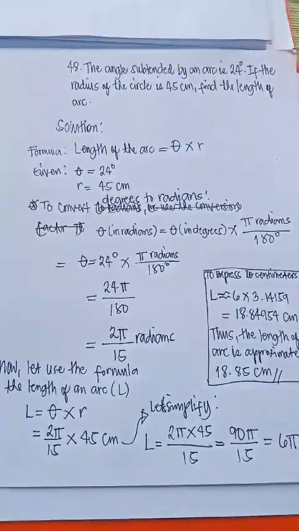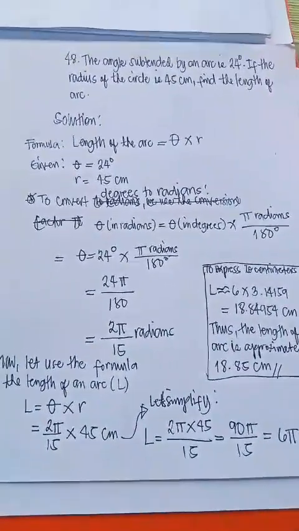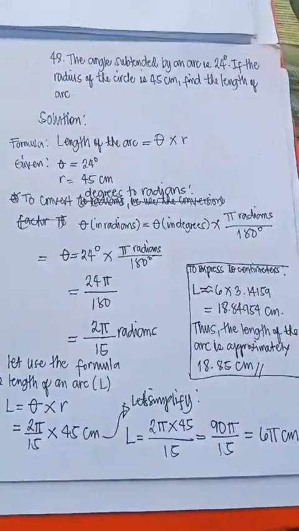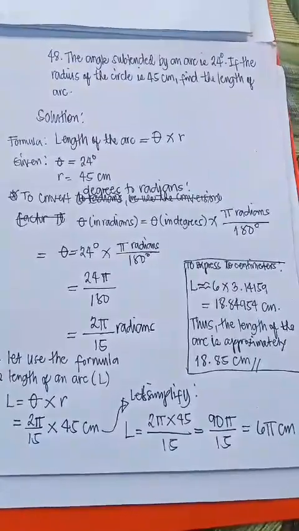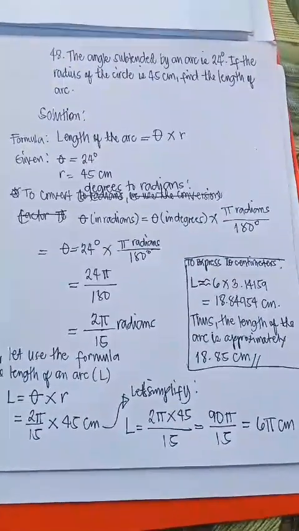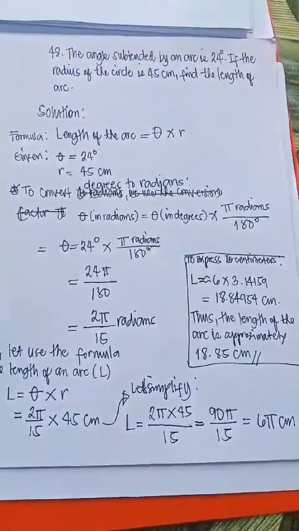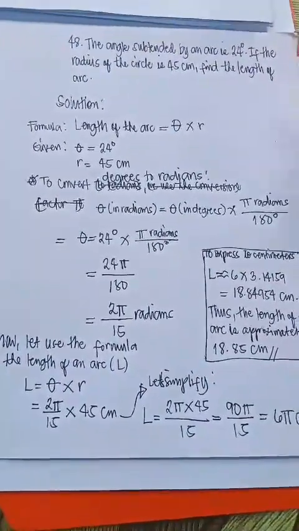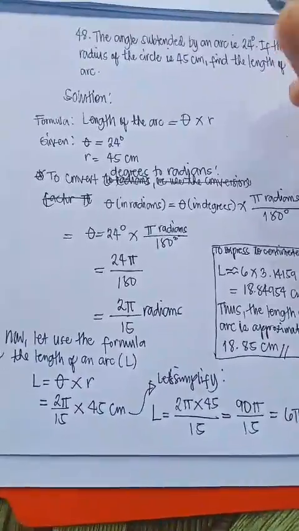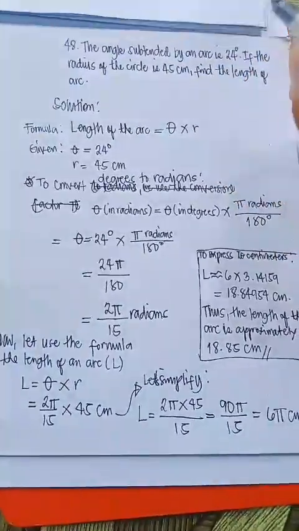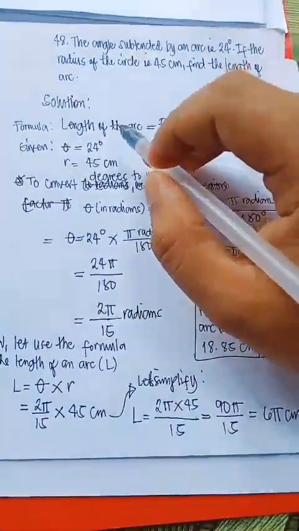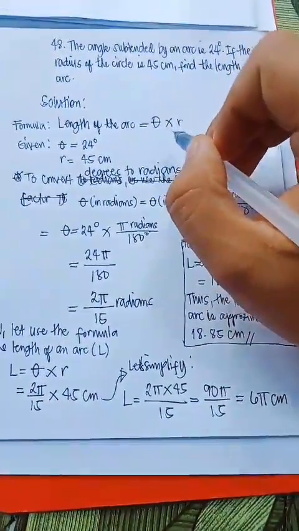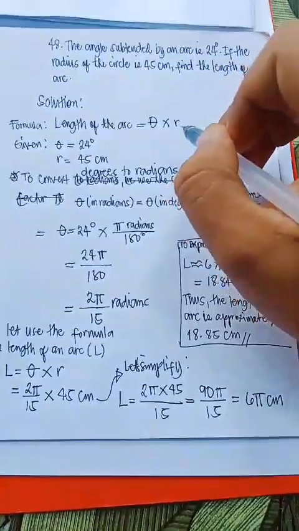Number 48. The angle subtended by an arc is 24 degrees. If the radius of the circle is 45 centimeters, find the length of the arc. So our solution is this. In this problem, we're going to use this formula. Length of the arc equals theta times r, which is the radius.